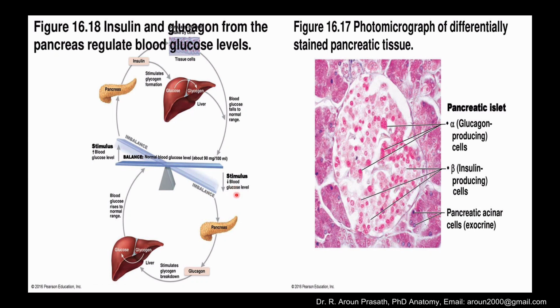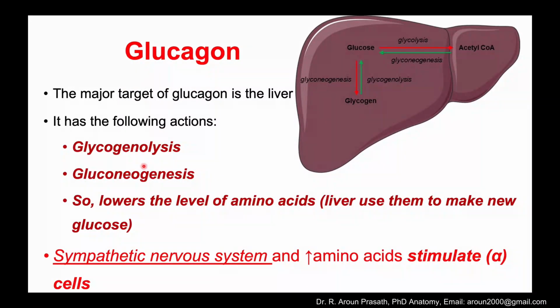When the blood sugar level is low, the pancreas will sense it and release glucagon. This glucagon will go to the liver, convert the glycogen into glucose, and send it back to the bloodstream. Thereby the normal blood sugar level is maintained. This is the balance between the two.